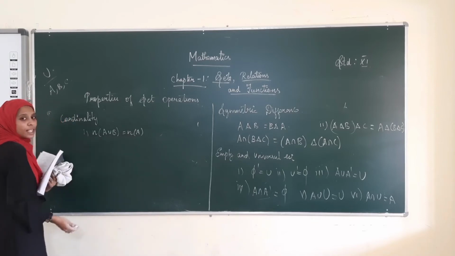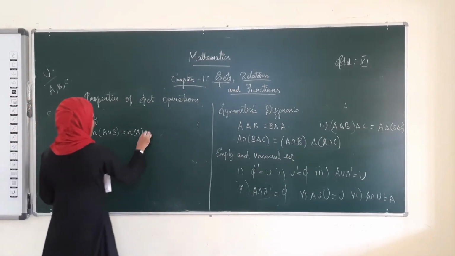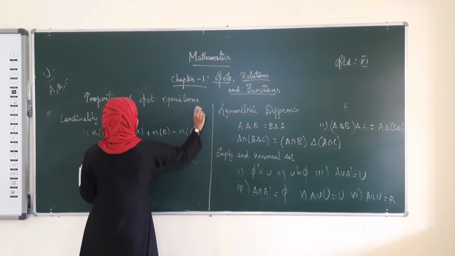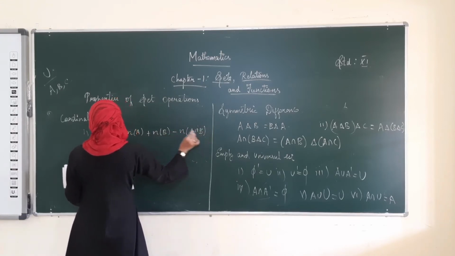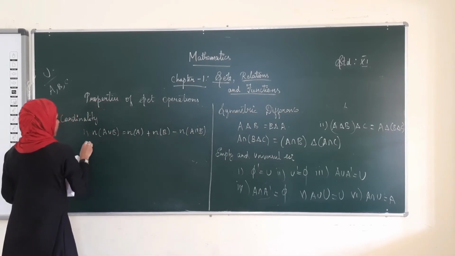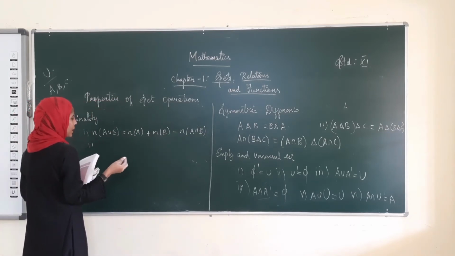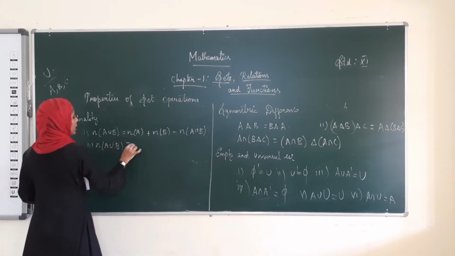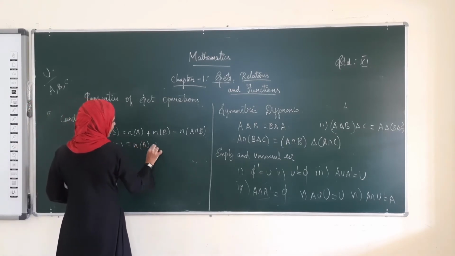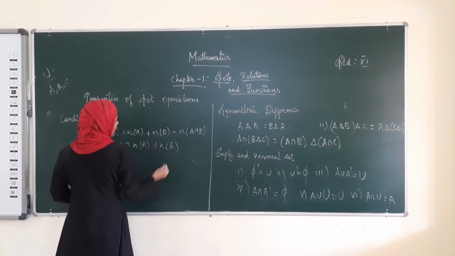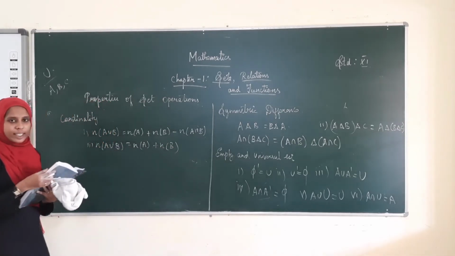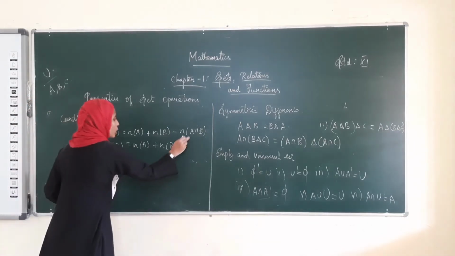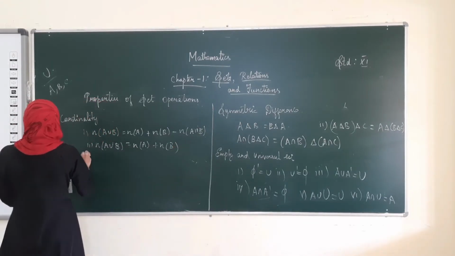N of A means the number of elements in A. And the second one is, if we don't have any element in common in these both sets, then n of A union B is equal to n of A plus n of B alone, because if we don't have any element in common, then n of A intersection B will be equal to 0.